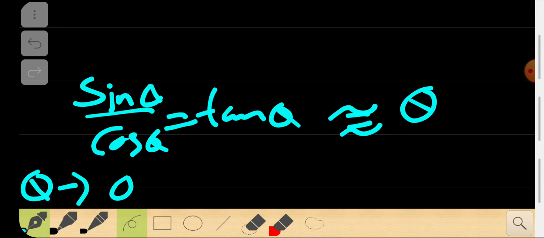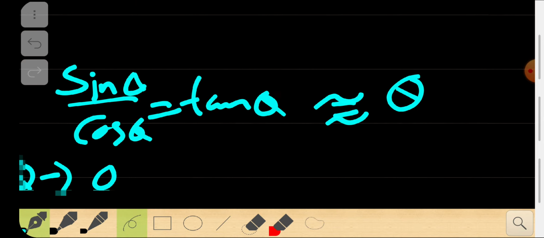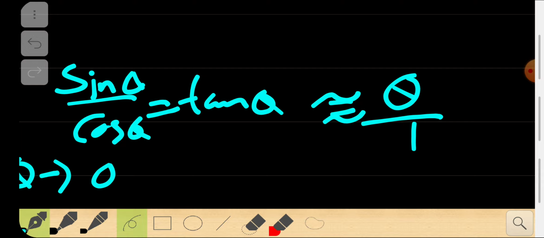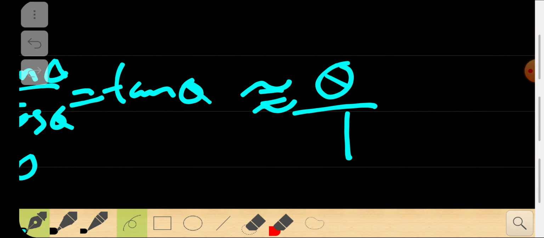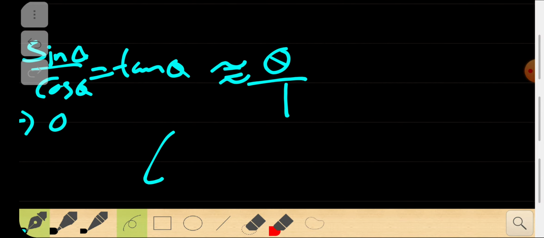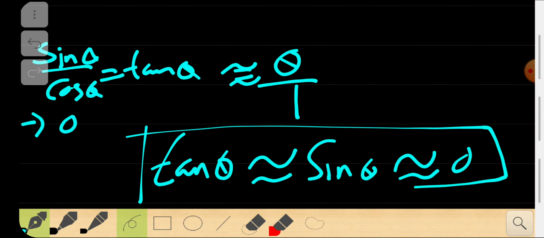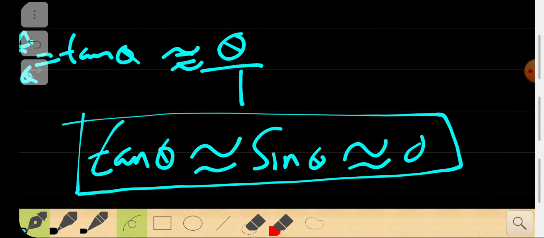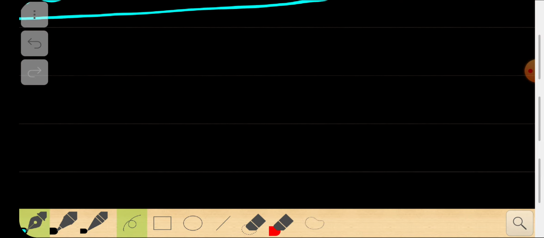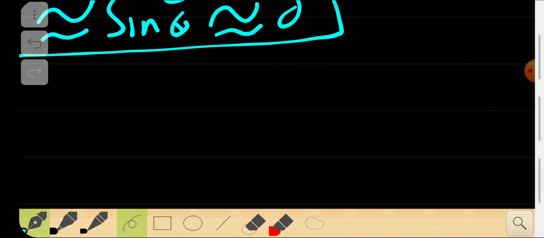And cos 0 is equal to 1, so tan theta must be approximately equal to sine theta, that is approximately equal to theta. So that is the small angle approximation that you can use when you have tan theta and sine theta with small angles. Now let's get back to our problem.